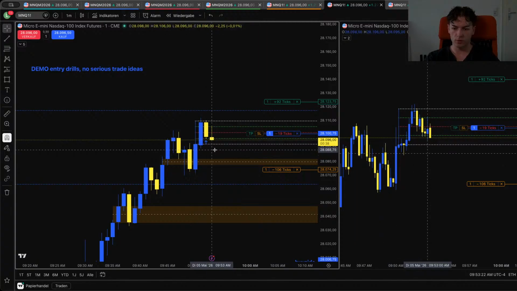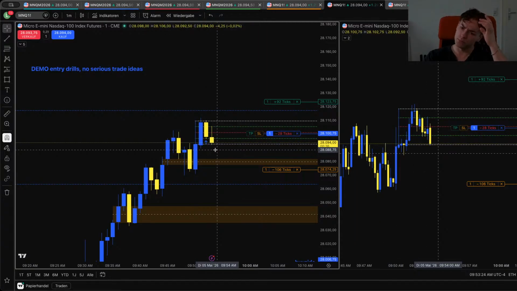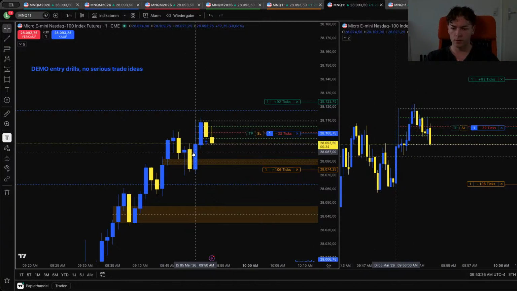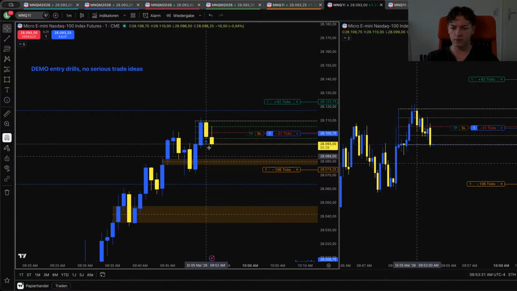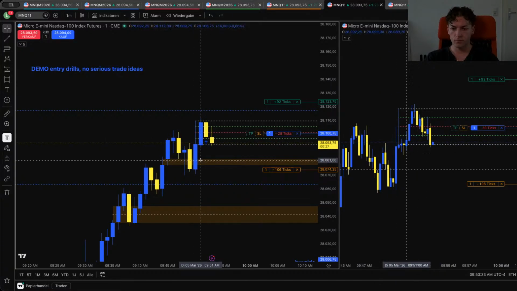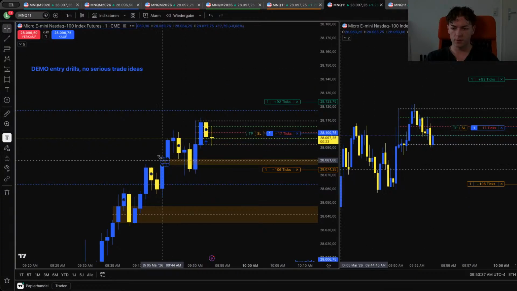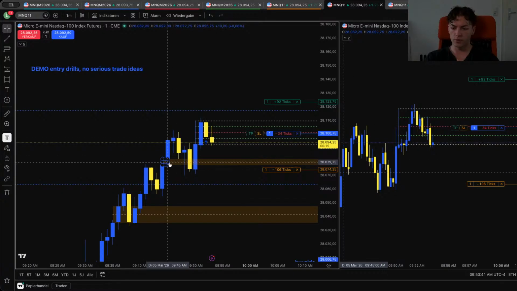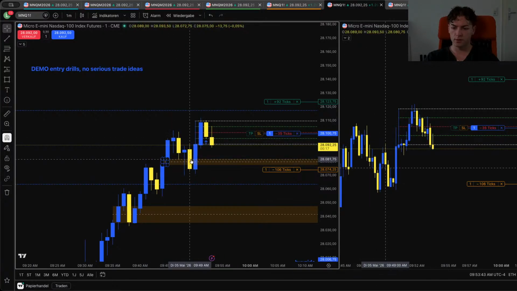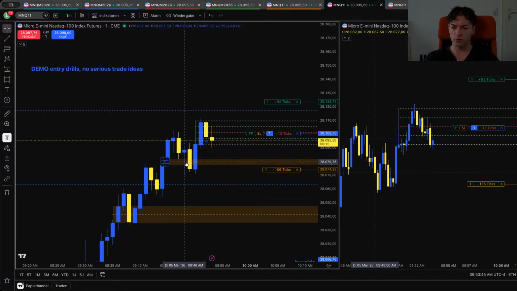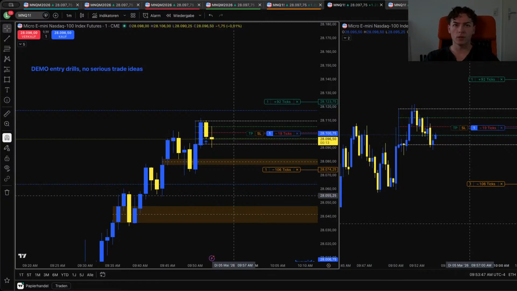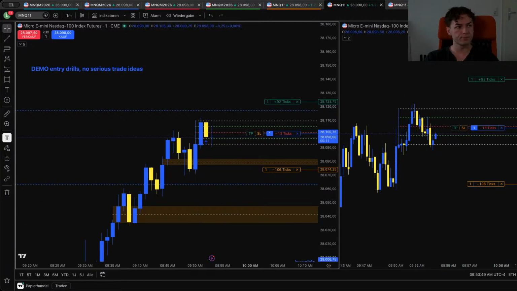We have this order block in here, but we may see price fail to go higher and see a little retracement, since we also broke below this volume imbalance and closed below it, so that was not too bullish. And here, let's see.